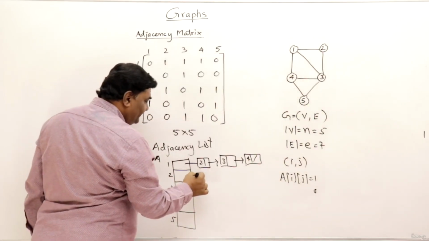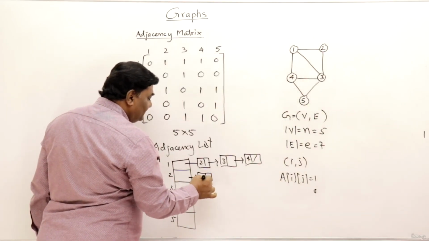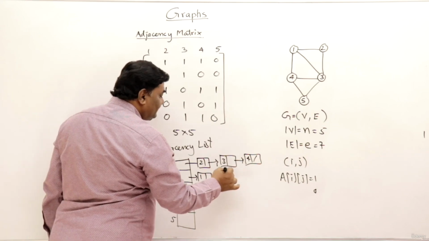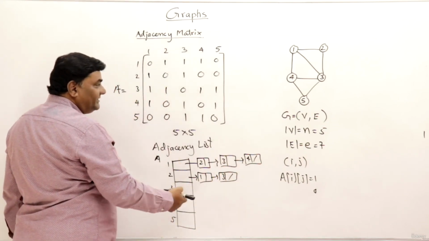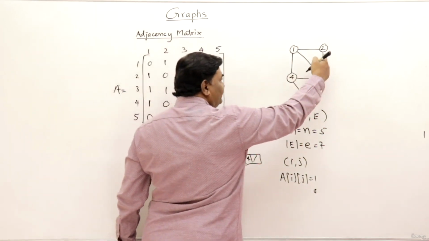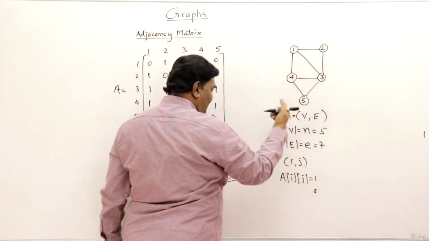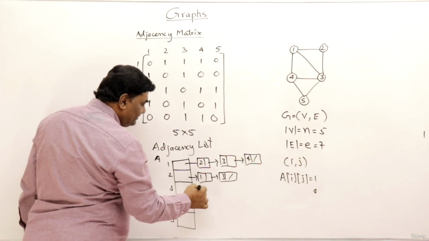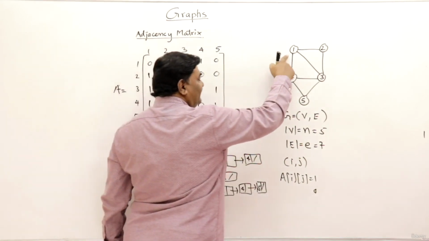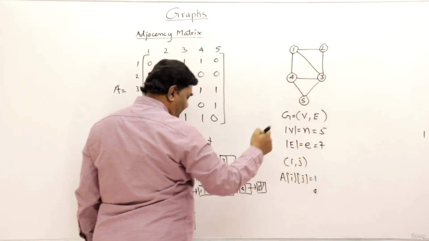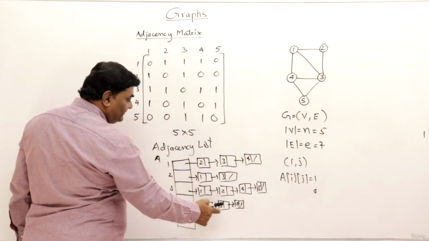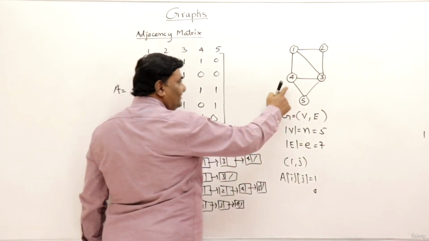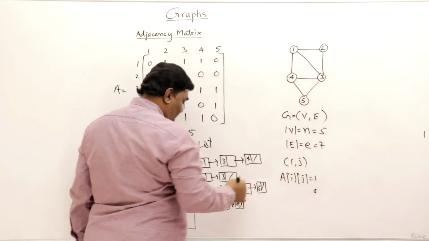So I should have the list of nodes showing 1 and 3. Similarly for 3, the connected vertices are 1, 2, 4 and 5. I will draw them. Now for 4, connected vertices are 1, 3 and 5. So I will draw 1, 3 and 5 here. Now for 5, 3 and 4.